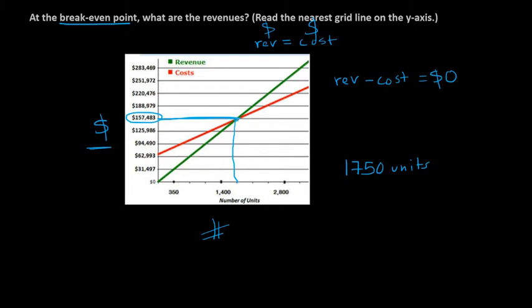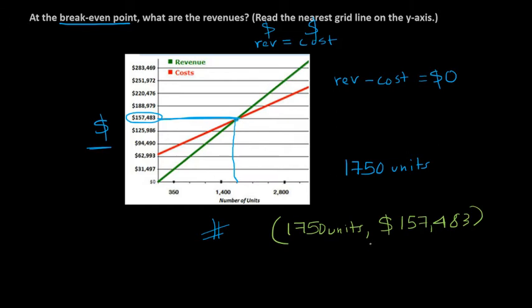So now, here's what we have to distinguish. I have figured out that we break even when we hit 1,750 units, which the y value there is 157,483. So which one of these things is the break-even point?